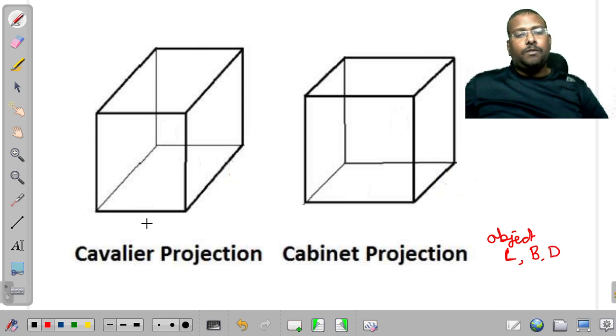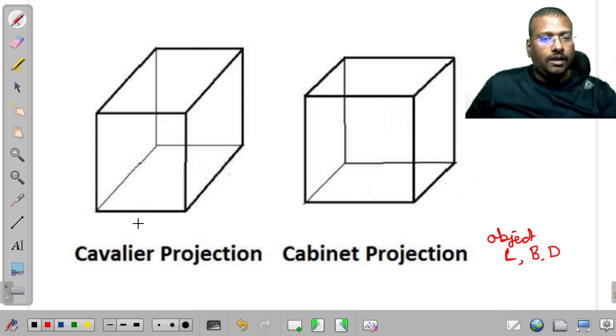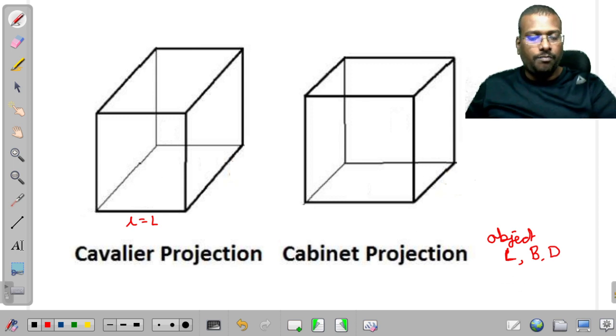Then in Cavalier projection, what will happen? Here small l is equal to capital L, and instead of B I will consider H, length and height.